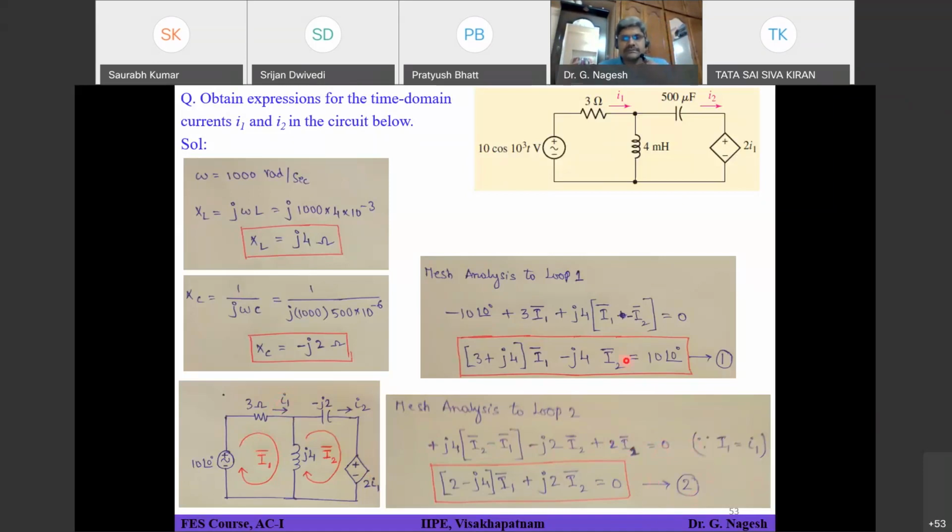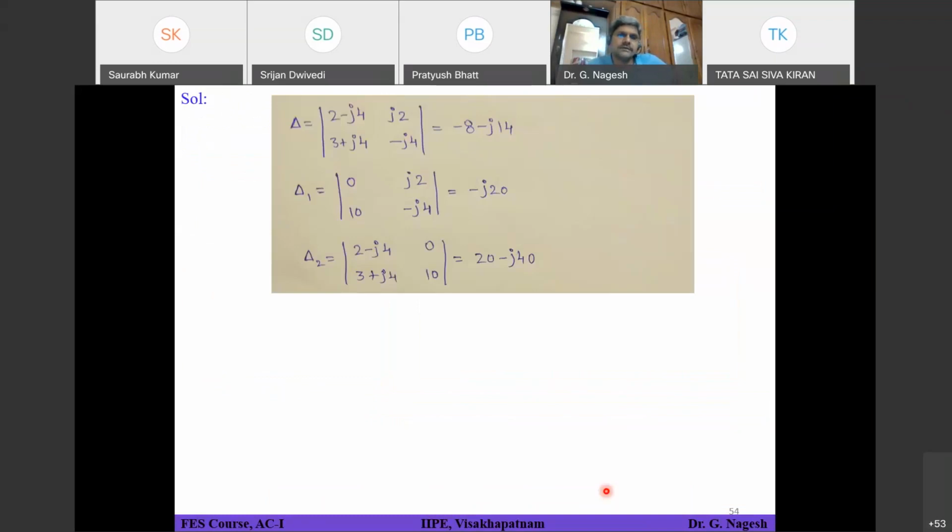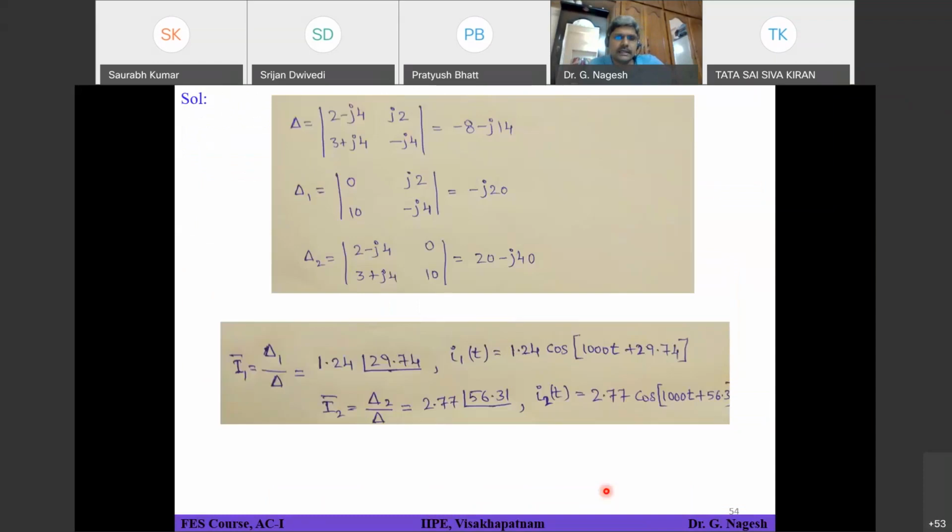So you have two equations and two unknowns, I1 and I2, so you can solve that. If you solve that, you are going to get delta and delta 1, and I1 will be this kind of current. Now you can convert I1 phasor into I1 of t, that is time domain, straight away. And I2 will be something like this. Try to solve this.